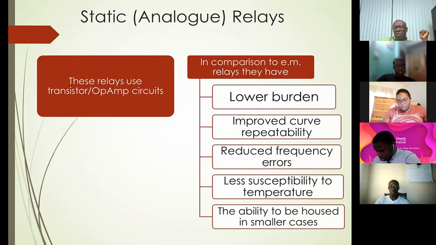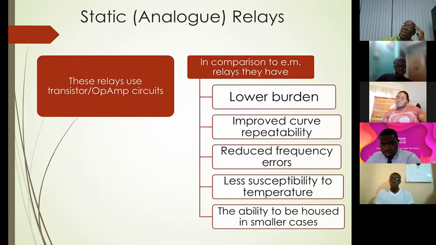Reduced frequency errors, less susceptible to temperature, as I mentioned before. And of course, it makes the relay smaller. But earlier I showed you there's a static relay, nice and cute.